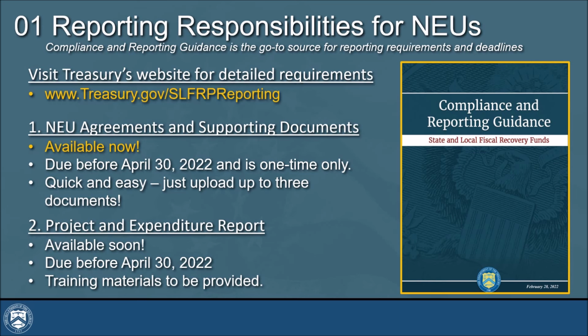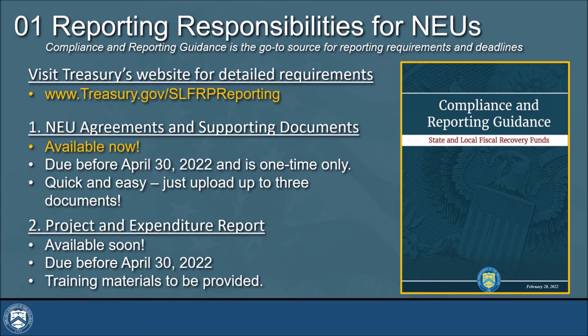So, taking a step at a high level here, there are really 2 reports NEUs need to be mindful of right now. The first is the NEU agreements and supporting documents report. This report is available now for all NEUs in the Treasury Reporting Portal.